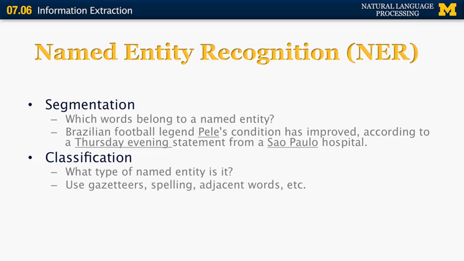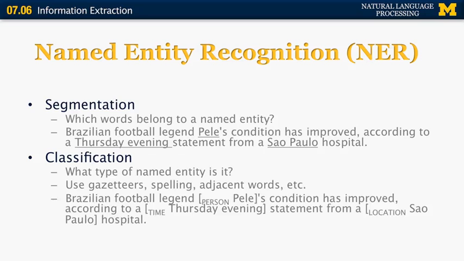We can look at the words that are adjacent or the presence of specific words, for example, the president or miss or mister, as hints as to how to classify the named entity. So this particular sentence here can be labeled in the following way. Pelé is a person, Thursday evening is a time expression, and finally Sao Paulo is a location.